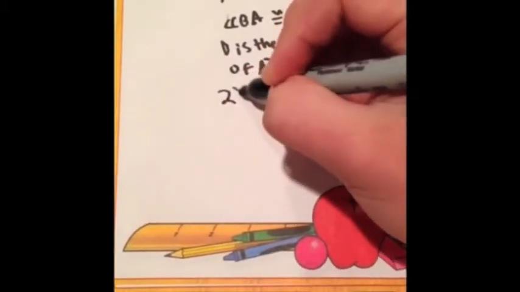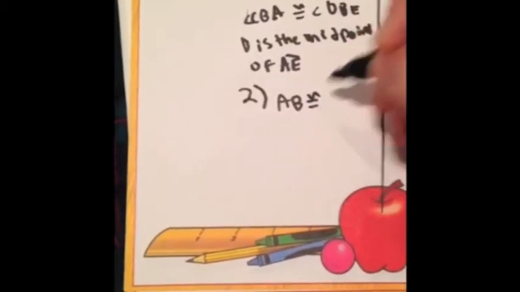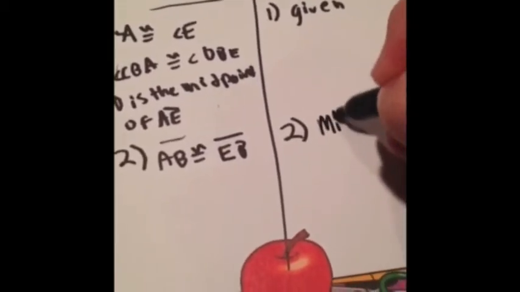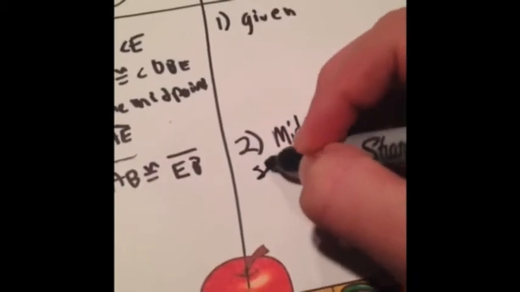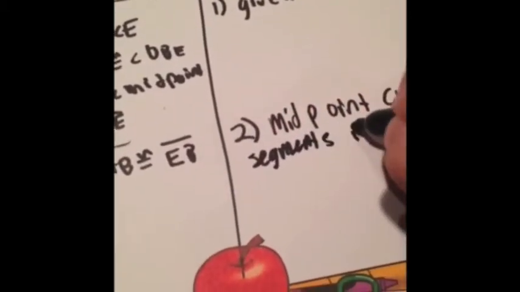And then the next thing you want to do is say that AB is congruent to EB. Okay, and then the reason you say for that is midpoint cuts segments into two congruent parts.